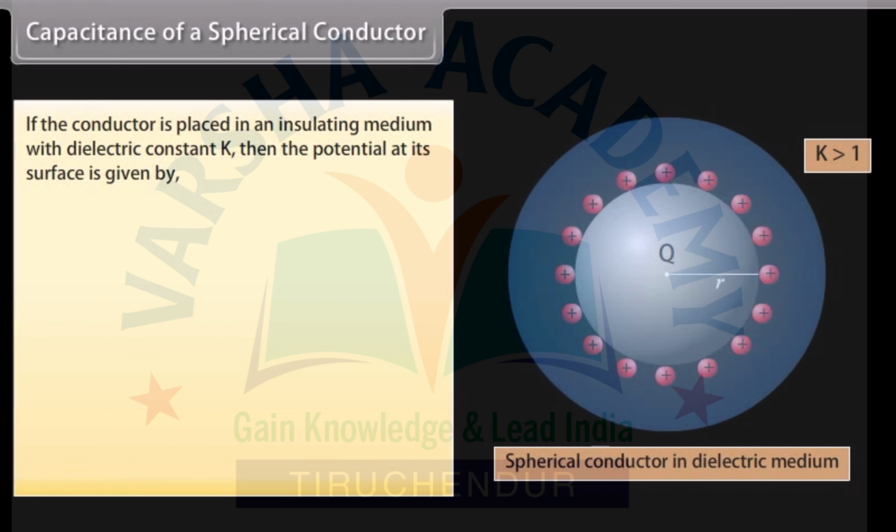If the conductor is placed in an insulating medium with dielectric constant K, then the potential at its surface is given by V is equal to 1 upon 4 pi epsilon not K multiplied by Q upon R. It can also be written as Q is equal to product of 4 pi epsilon not K, R and V. Thus, C is equal to 4 pi epsilon not KR.